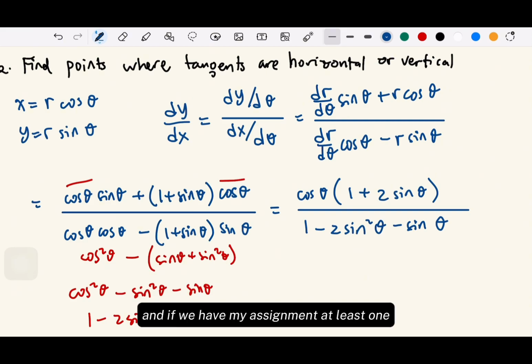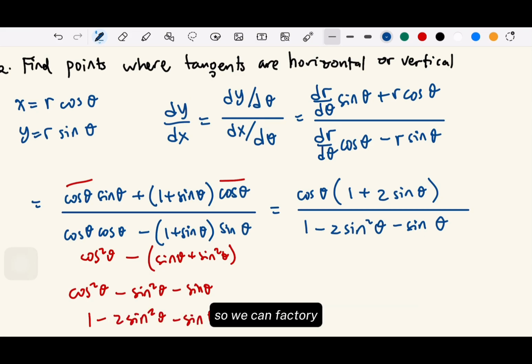And if we have minus sine theta, we can have a good expression for the quadratic expression. We can factor this, right? So we can factor it.